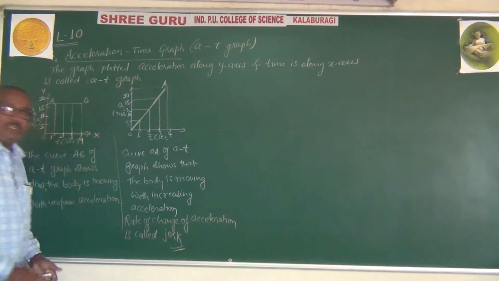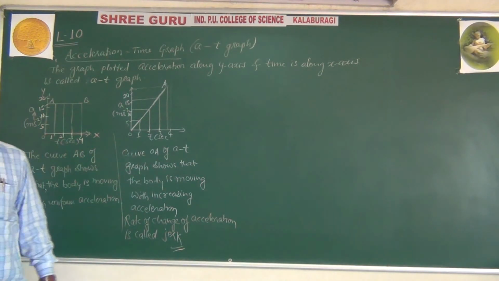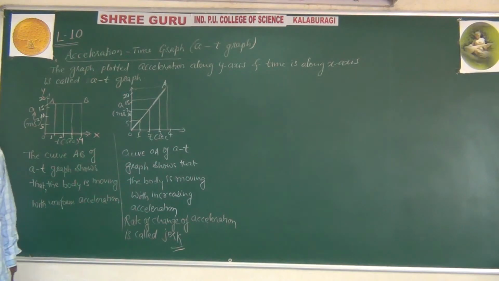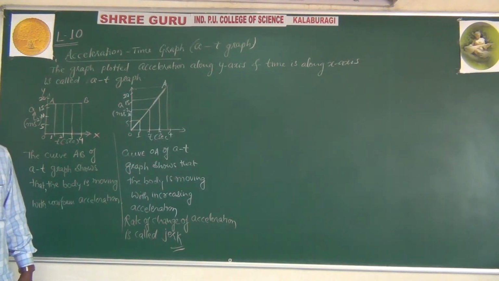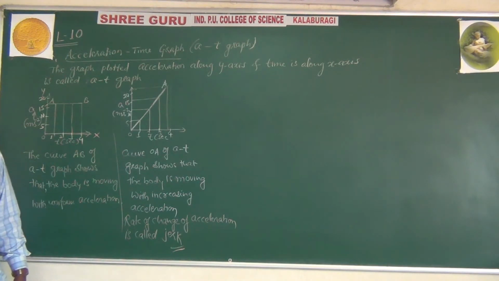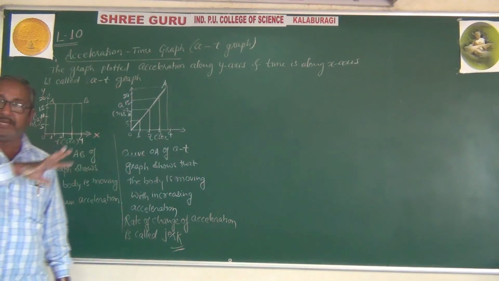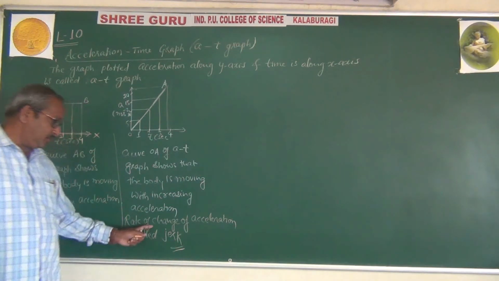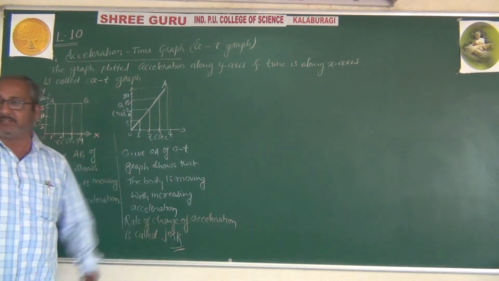This is special. Rate of change of acceleration is called jerk. Rate of change of velocity is called acceleration. Rate of change of displacement is called velocity. Rate of change of position is called speed. Rate of change of acceleration is called jerk.